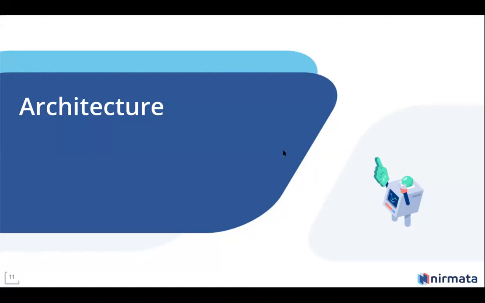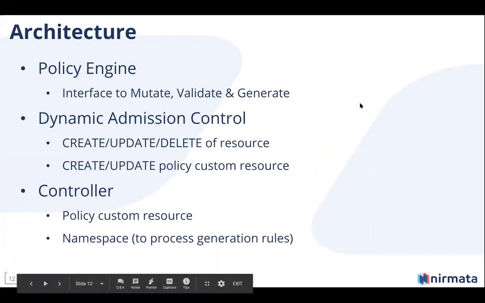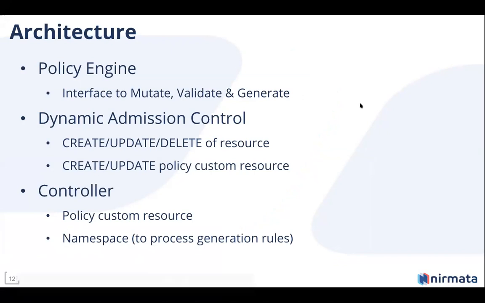All right, thanks, Shuting. So just to go over the high-level components, how it really works internally. You have the policy engine, which acts like an interface to allow you to process the three types of rules: mutate, validate, and generate. Then we control resource creation, or block it, leveraging the dynamic admission control. The first is on the resource, and the second is on the custom resource, which is the policy.